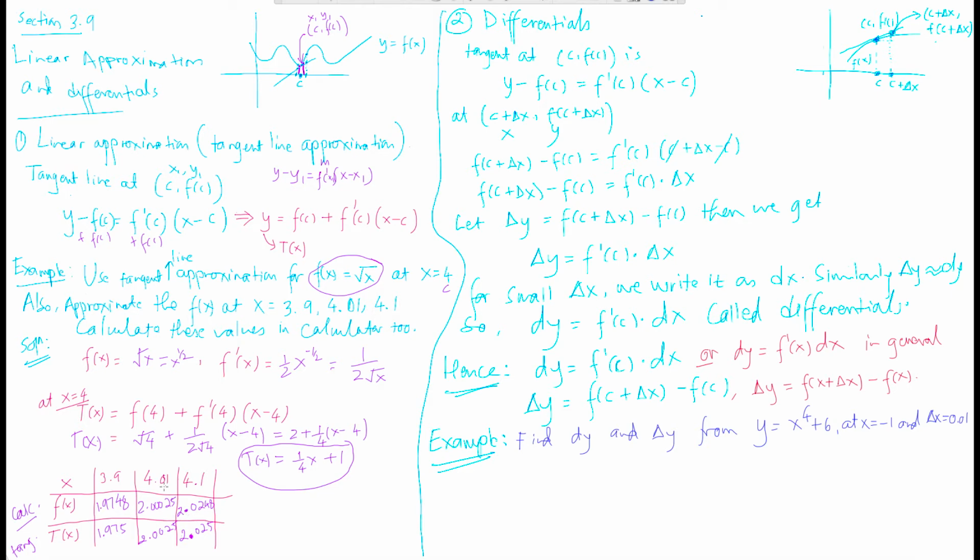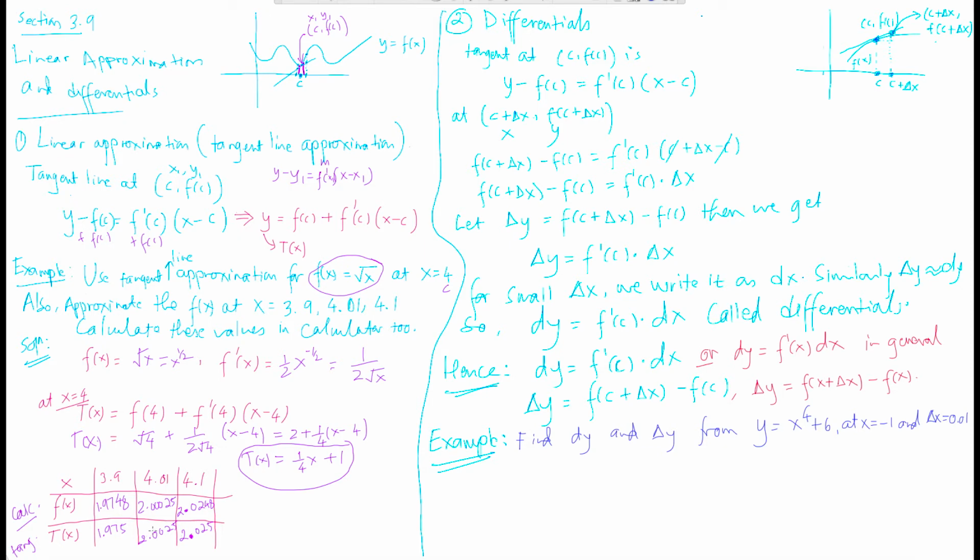When I take x equals 4.01, I got 2.0025. Similarly, at x equals 4.1, I got 2.025. Basically, these values are almost equal. So you can approximate the value of a function by drawing a tangent line at a point, and you can approximate the value of the function around that point.